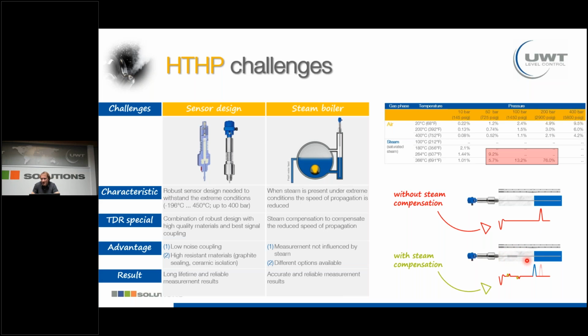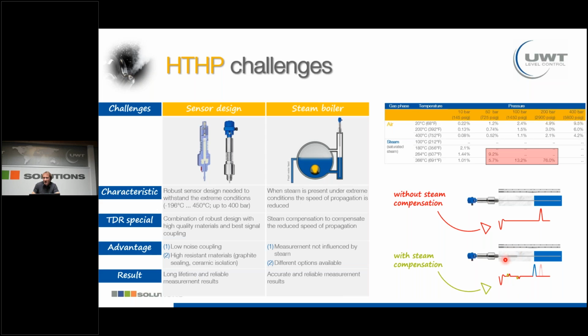This is what's installed here. We get a reference signal, and with this reference signal, the reduced speed of propagation can be eliminated, and the right speed of propagation is determined. So this is basically what happens in the steam compensation.